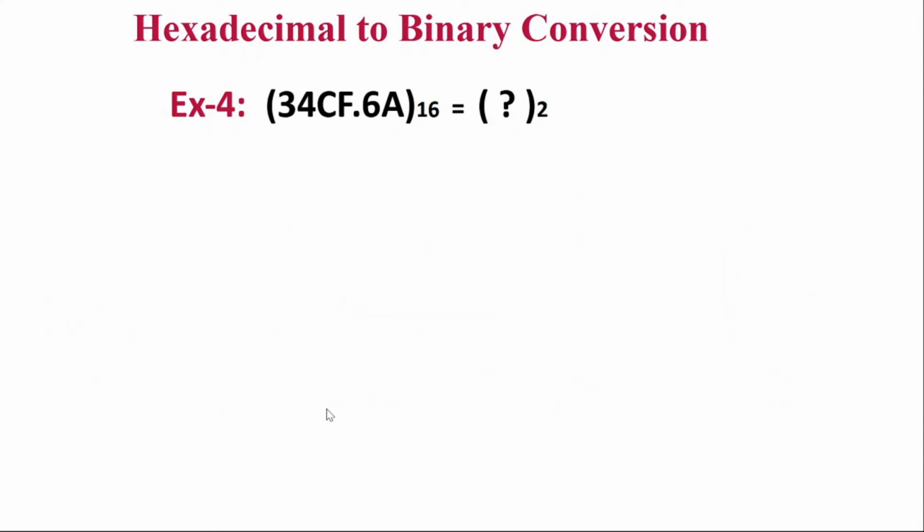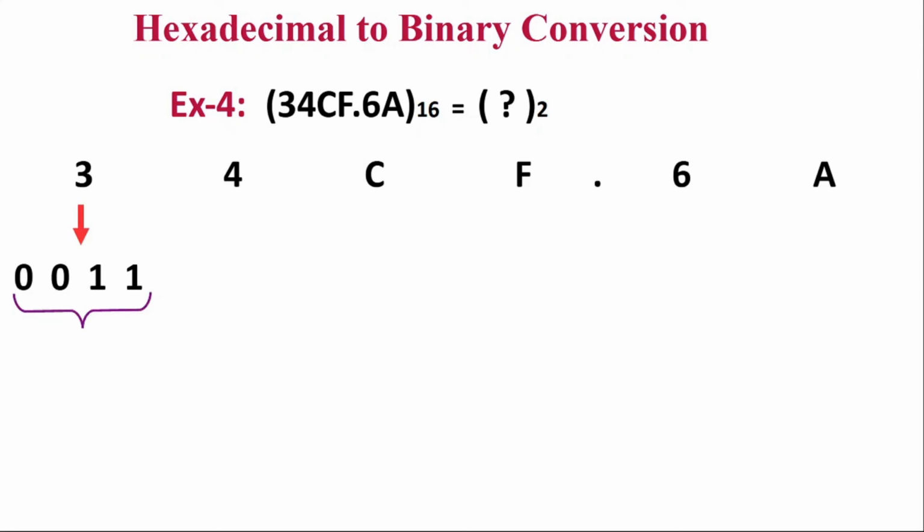Next, let us consider example 4, which is a mixed hexadecimal number. Here also we have to replace the hexadecimal digit by 4-bit group, maintaining the hexadecimal point.